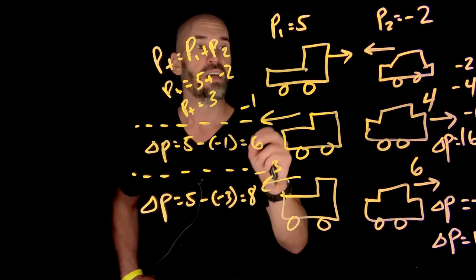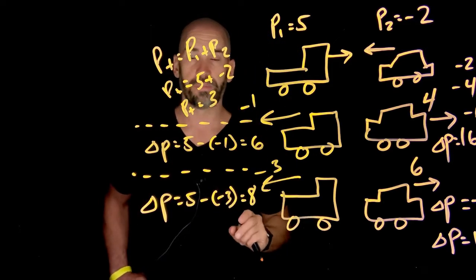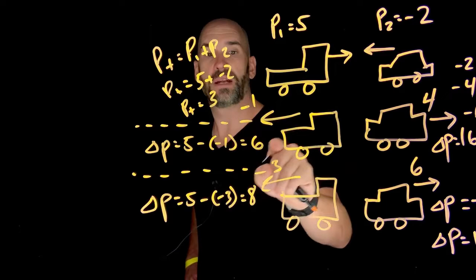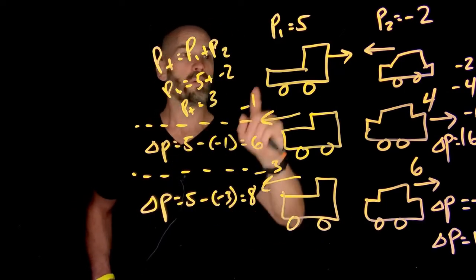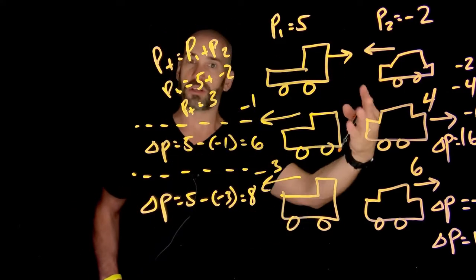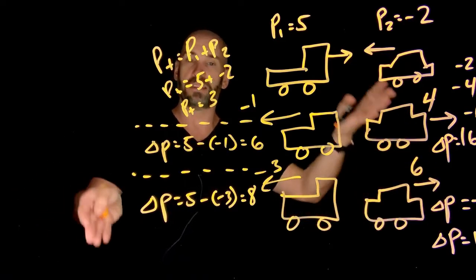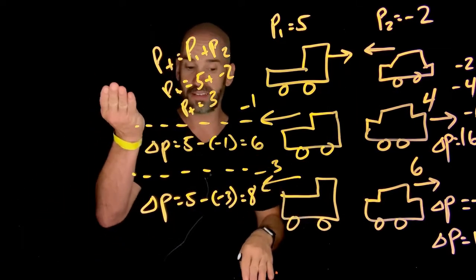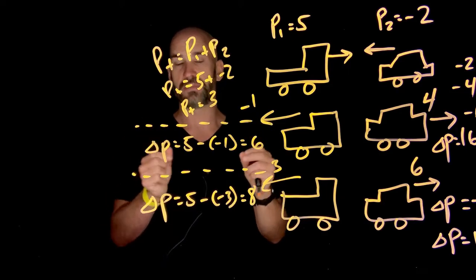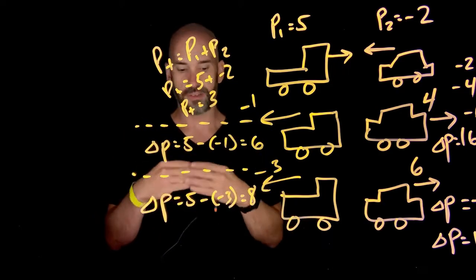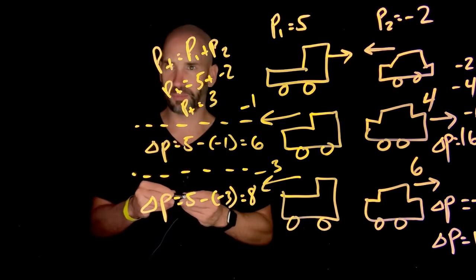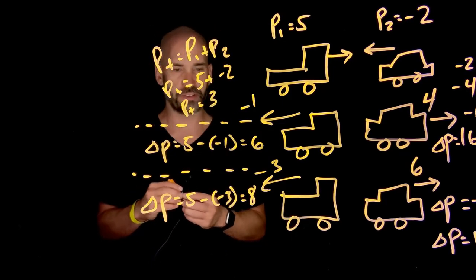If momentum is going to be conserved, then if the truck's momentum changes by 6, the car's momentum must change by a corresponding amount so that it evens out. It'll be different signs, but the magnitude of the change has to be the same so that momentum is ultimately conserved. So this is one way to explore and one way to look at this idea of conservation of momentum.